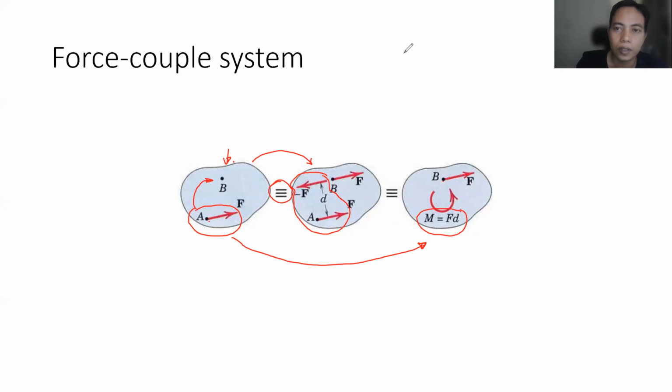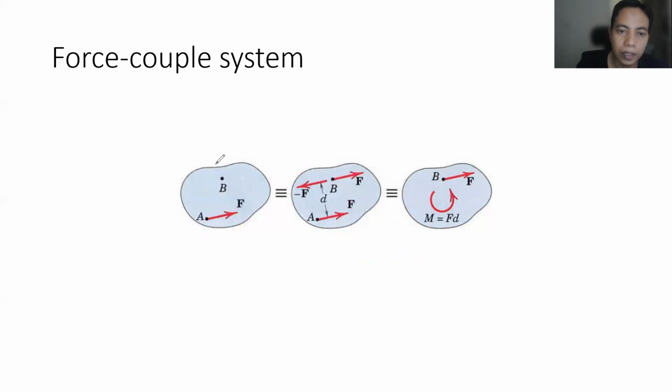Okay, so we can interchange this condition. We can bring this single force and represent it with a force and couple. So we call this a force couple system, or vice versa. So we can simplify a single force with a single moment couple into another single force only, but it has already changed the location.